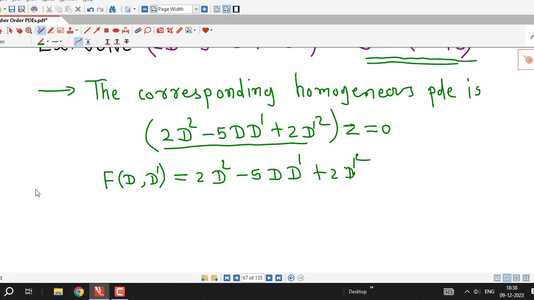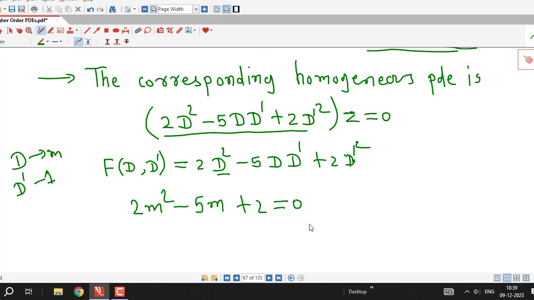We replace D by m and D' by 1 in F(D, D') and equate to 0. So we will have 2m² − 5m·1 + 2 = 0. Now we find the values of m satisfying this equation.